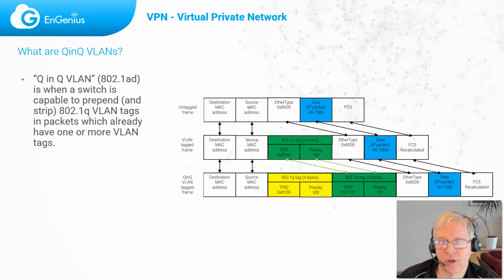Your network is connected to their network, and everything, including any VLAN tags that you have, can be put in another VLAN and then passed on. So maybe you just have normal packets, or maybe you have packets that already have a VLAN tag. Then when it goes to their switch, they will prepend their VLAN tag.